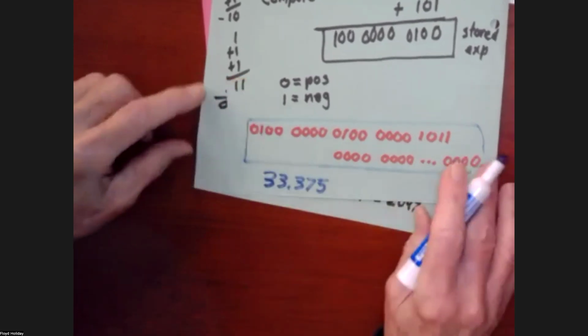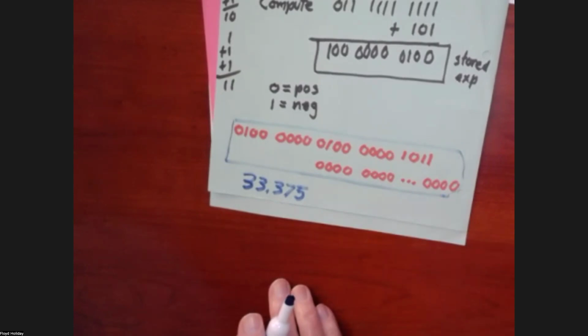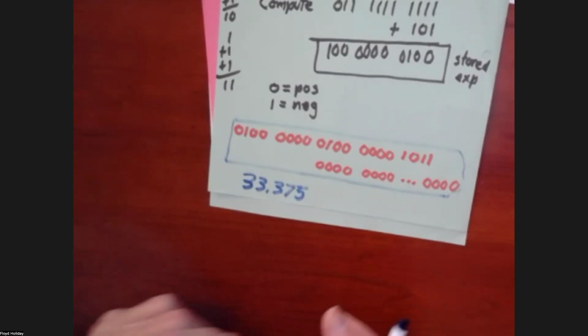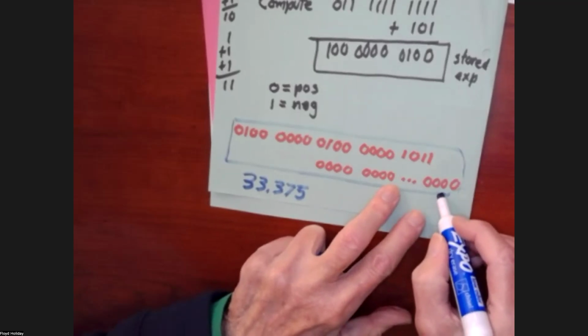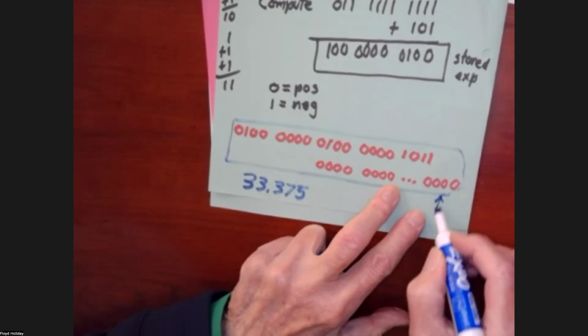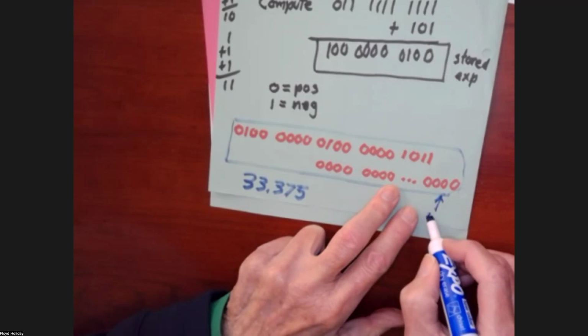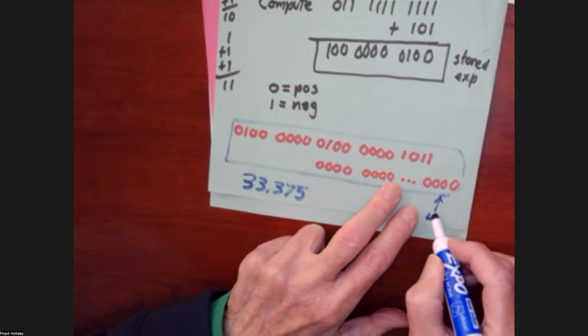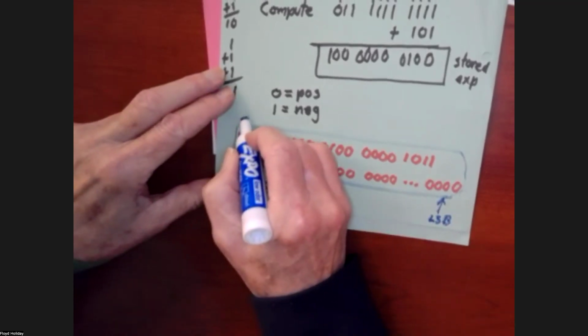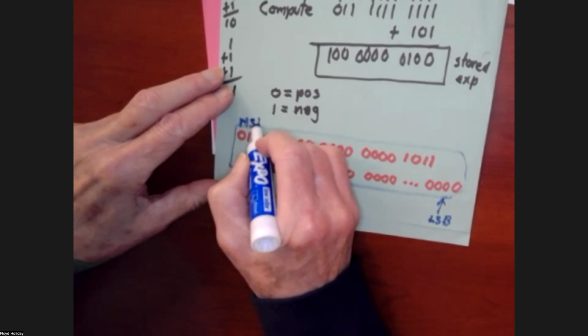So that's what's stored in a register of 64 bits. And for your information, this is the least significant byte, and this is the most significant, MSB.